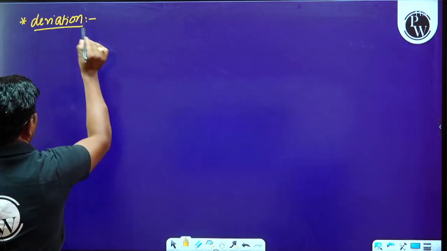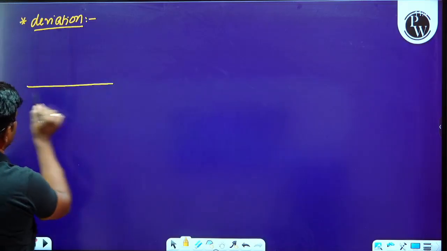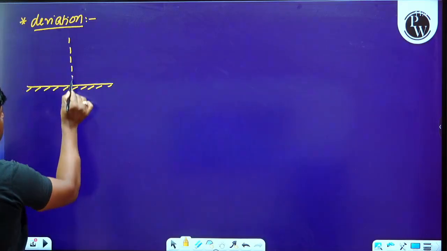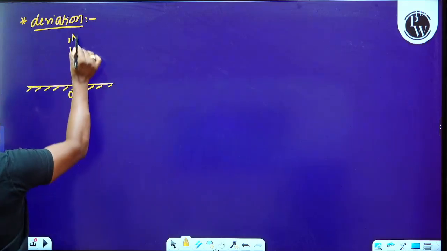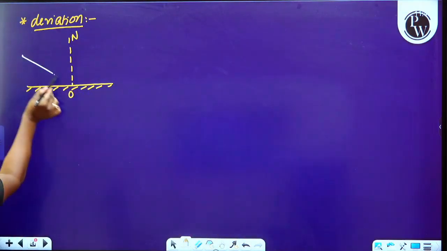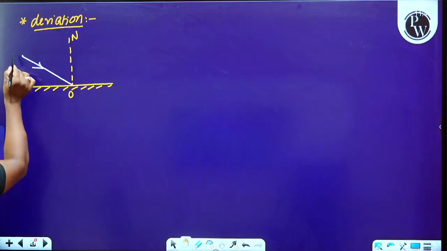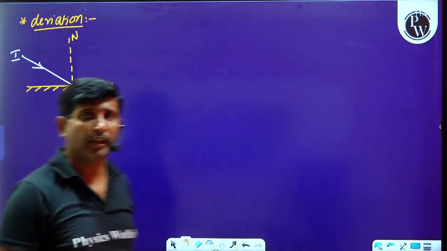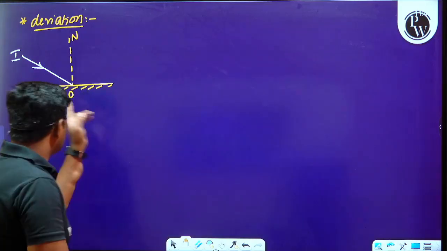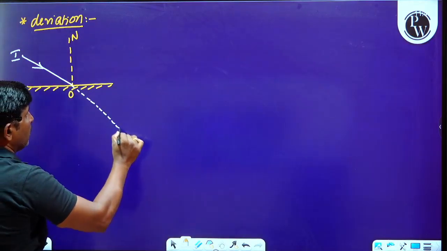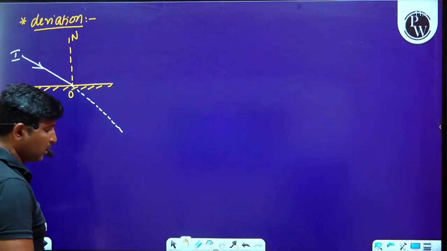The deviation produced by a plane mirror. Please observe this diagram carefully. Whenever a ray of light is made to incident at the point O, IO is the incident ray. Suppose there is no mirror, the light would have traveled along the dotted line.